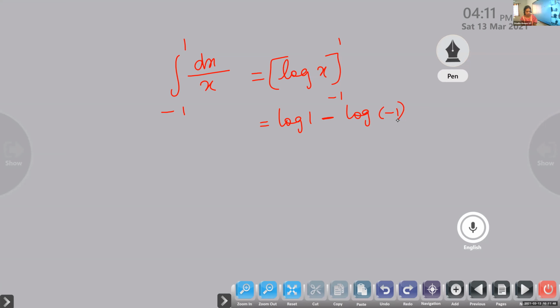How to evaluate this? So what is log 1? It is 0. What about log of minus 1?